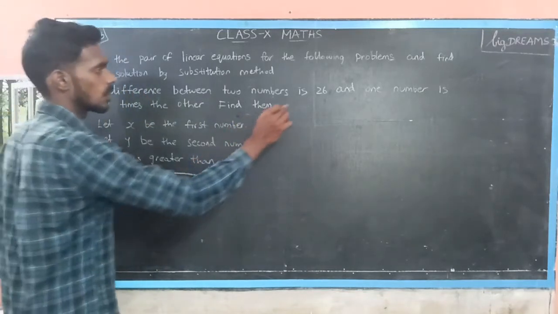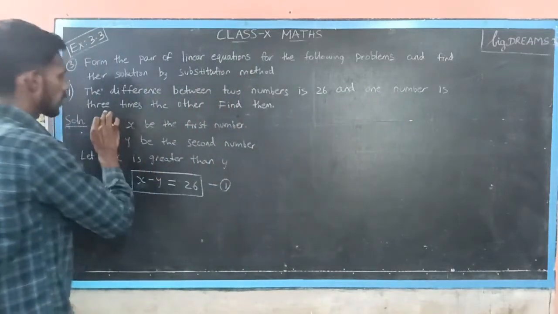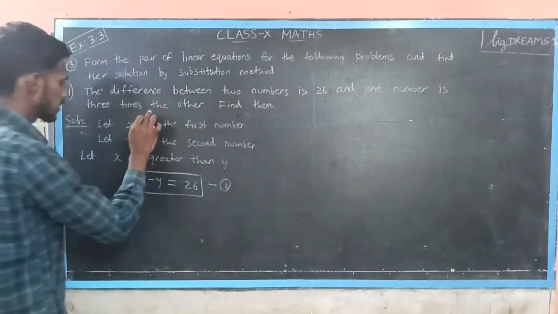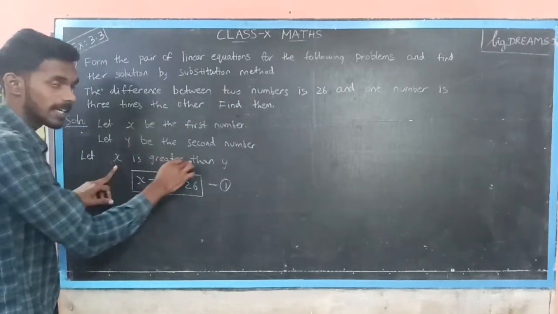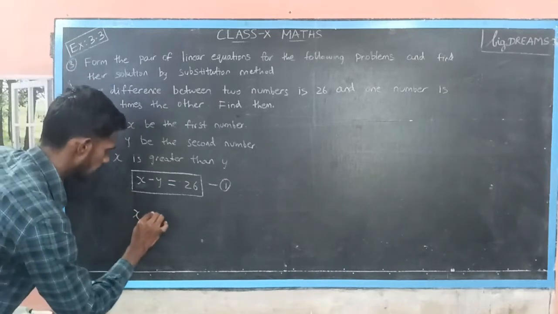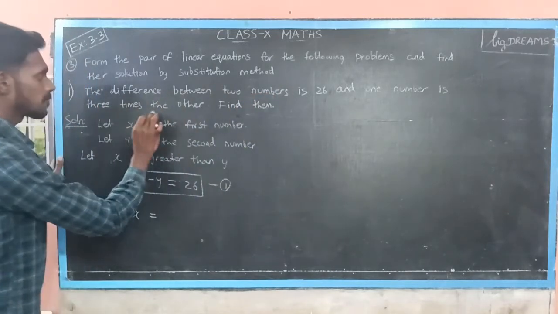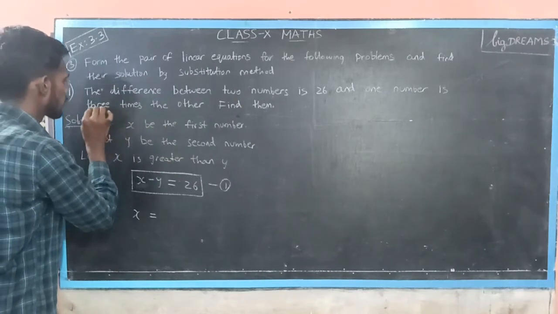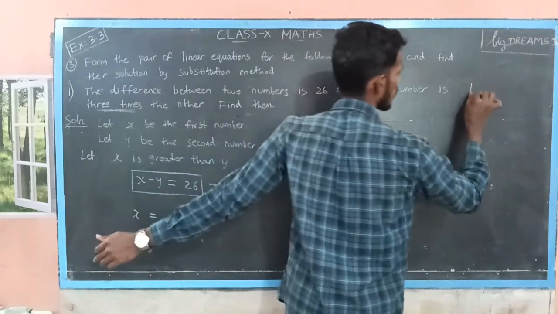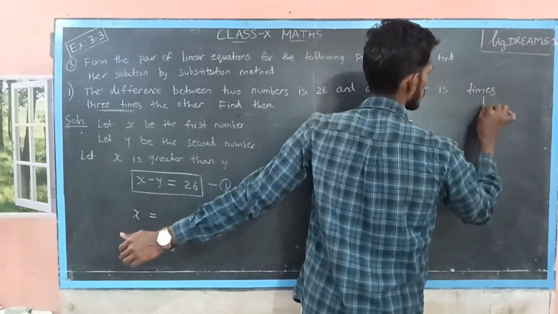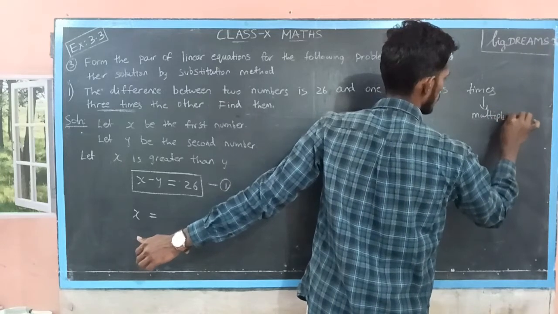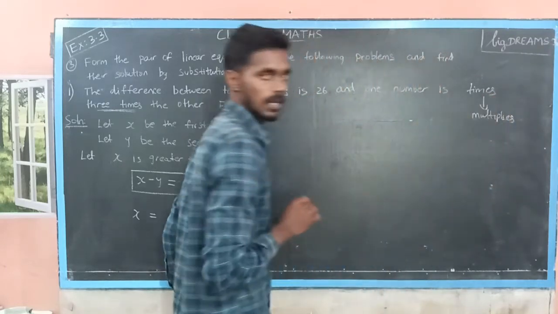Then see here, one number is 3 times the other. Here we have assumed x is greater than y, so definitely x is 3 times the other. Note this word 3 times. Times denotes multiplies.